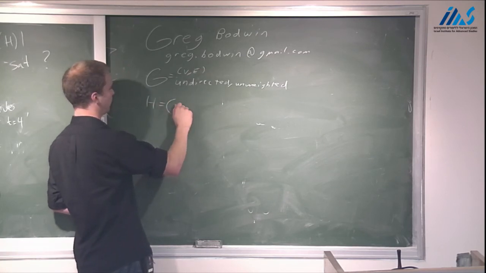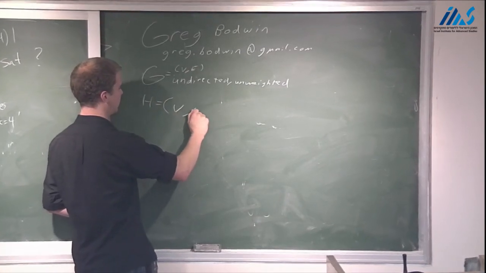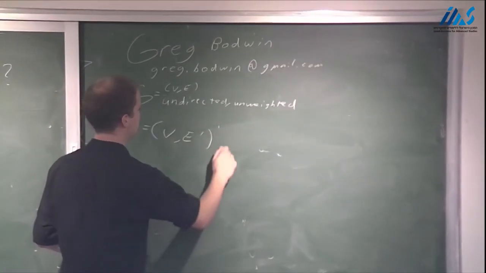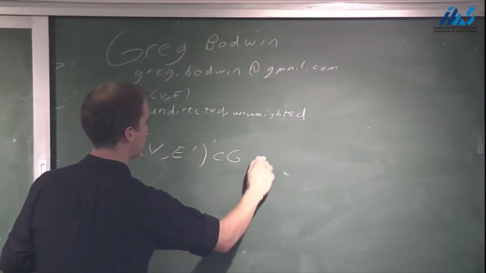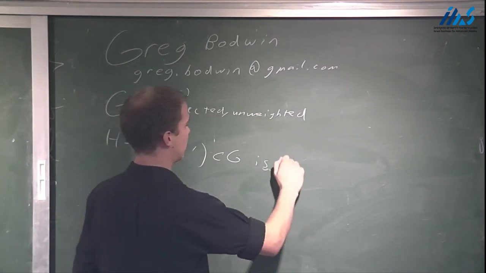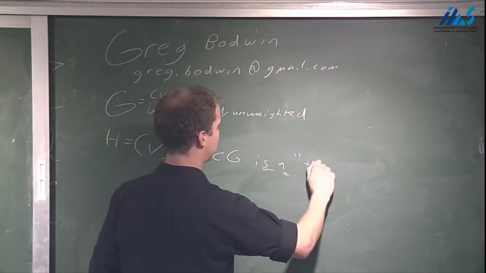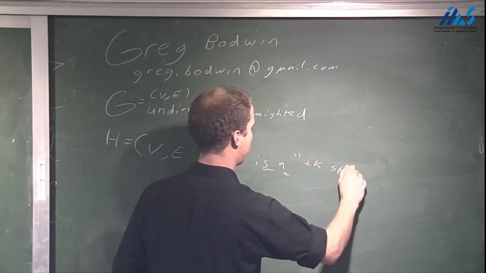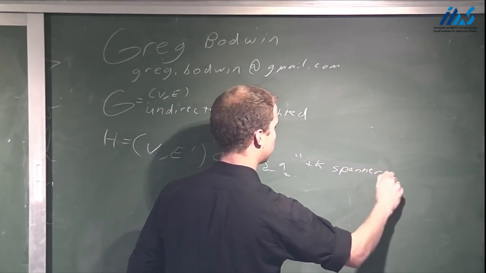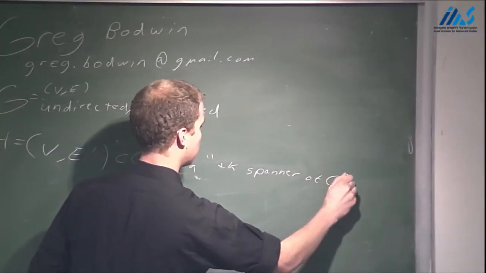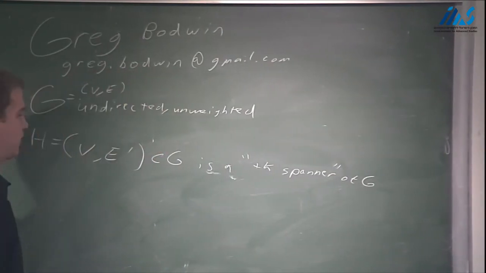H is then some subgraph of G on the same vertex set, but a different edge set. We say that this is a plus K spanner of G if this property holds.